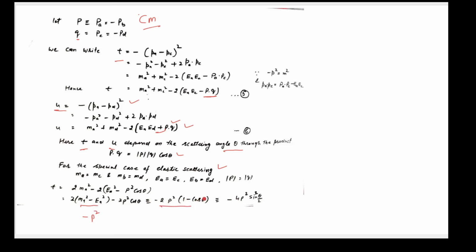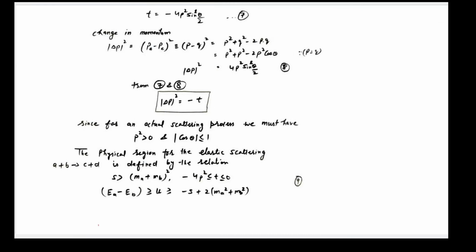Now using a trigonometric identity, we will have this. The trigonometric identity we are using is 1 minus cos theta is equal to 2 sin squared (theta by 2). So we will get this, and T will be equal to this. Now consider the change in momentum, that is, the change in momentum of particle A and particle C. (p_A minus p_C) squared will be equal to (p minus q) squared, so it will be equal to p squared plus q squared minus 2 p dot q.